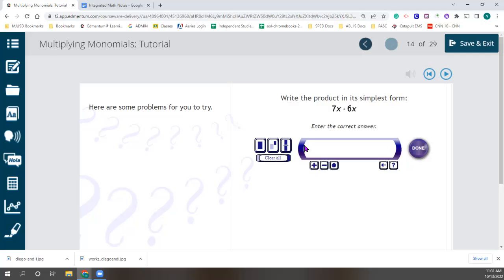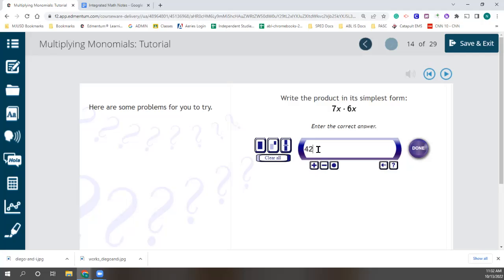Double check if you need to. And then x times x is x to the second power. We do that by doing 1 plus 1. So we should end up with 42x squared.